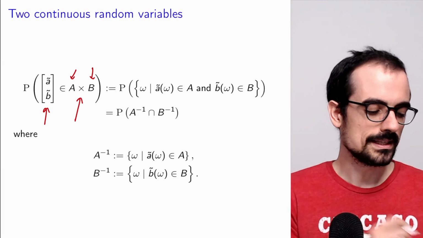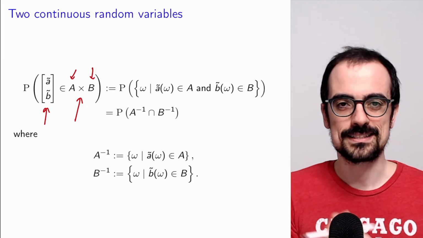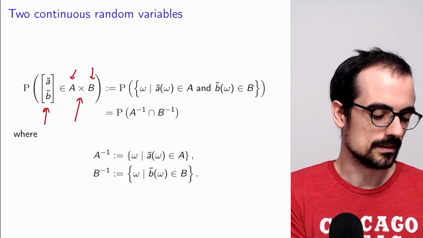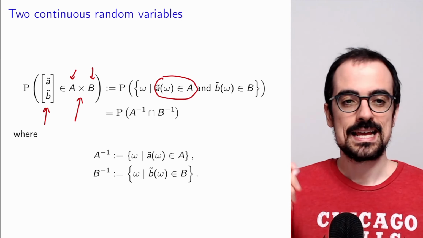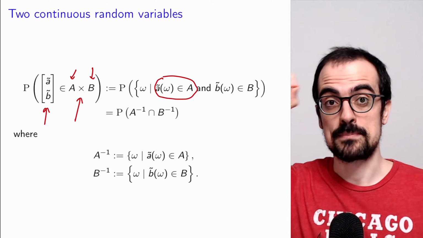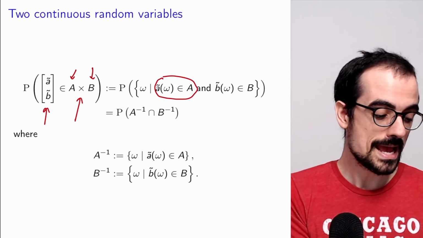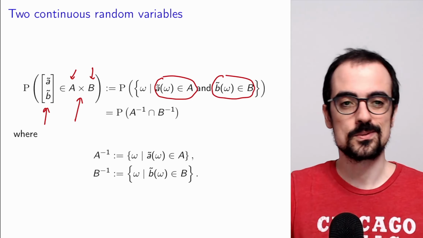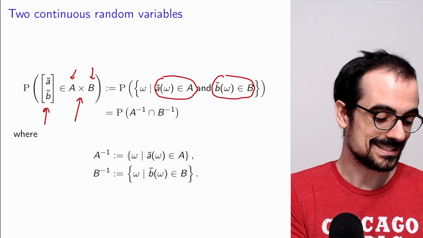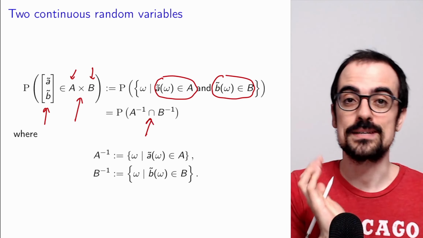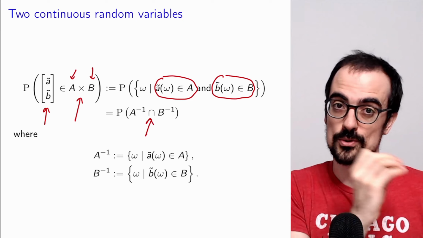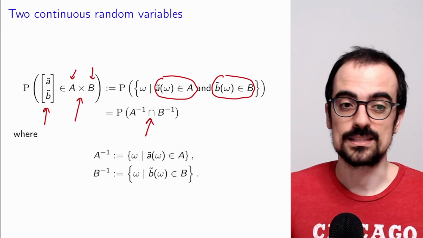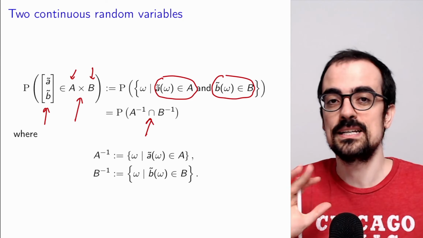So what is the set of events that map to the rectangle? It's the set of events for which the outcomes map to one of the intervals through A and to the other interval through B. It's the intersection of the pre-image of those intervals through A and through B. We've seen that that intersection must be assigned a probability. Things are fine.